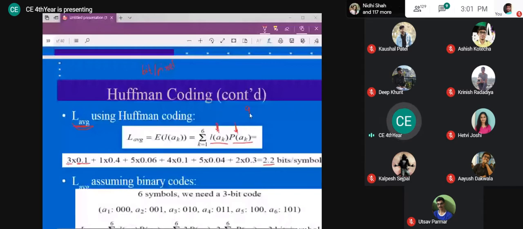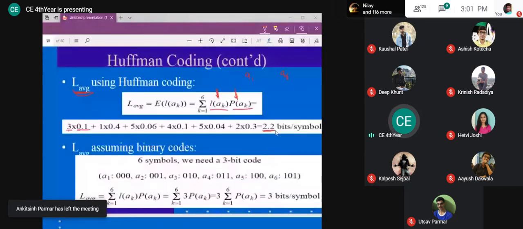By using Huffman code, you can see the bits required per symbol are now 2.2, and that is a reduction in the requirement of bits. That is what shows that compression takes place. So instead of A1 to A6, in our image we will have A0 to A255, as our intensities can take values from 0 to 255.